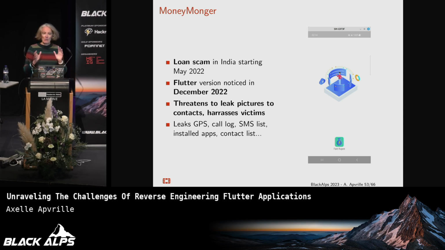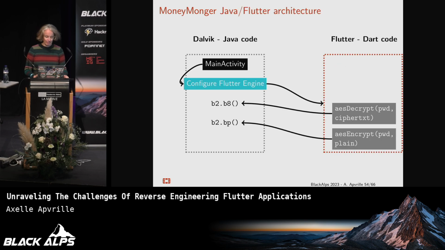It's an easy way, proposed by the app, to get some money: you get a kind of quick loan, and unfortunately you get scammed all the time, harassed by people who got, through the application, the list of your contacts, several pictures and things like that, and they threaten to leak that if you do not quickly reimburse the loan, or sometimes even before the loan has expired, sometimes even before you have received the money. So it was a big issue there.